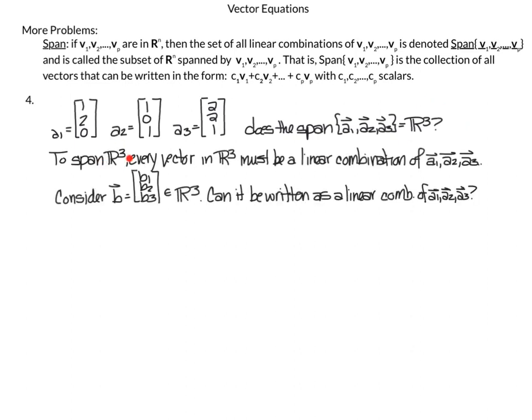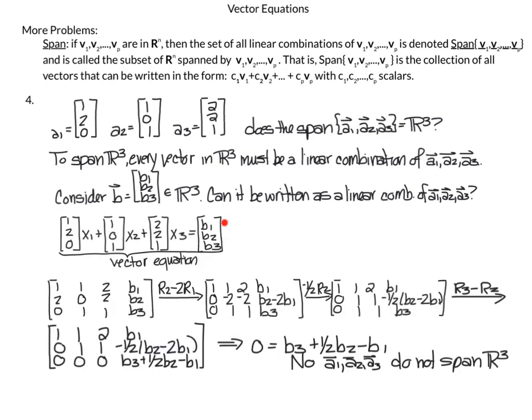In other words, to span R3, we're saying that every vector in R3 must be a linear combination of A1, A2, A3. So take a look at that. Then we're going to consider a random vector B in R3, which we'll represent as B1, B2, B3. Can it be written as a linear combination of A1, A2, A3? In other words, is this random vector in the span of A1, A2, A3?